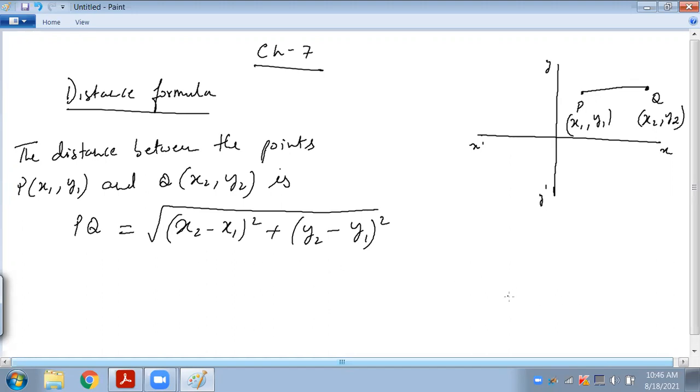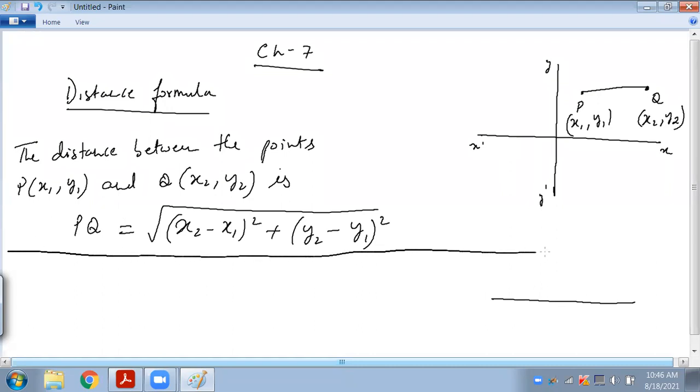Okay, then how to find the distance between a point and the origin? Say again, we have a point P (x dash, y dash).